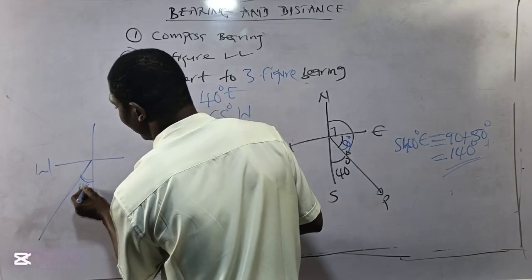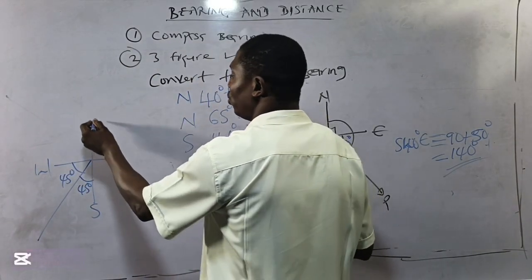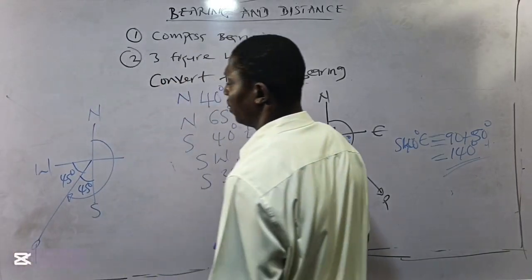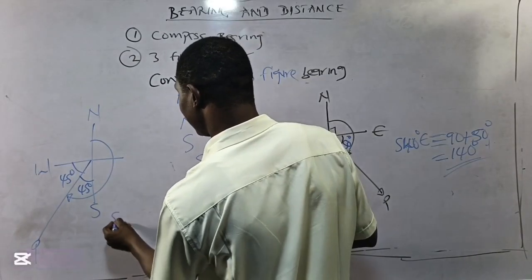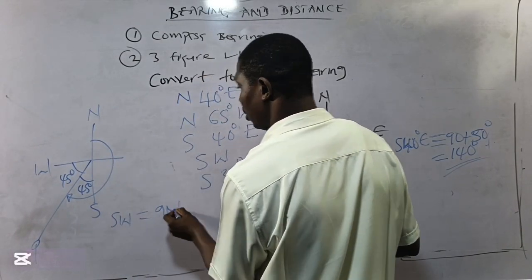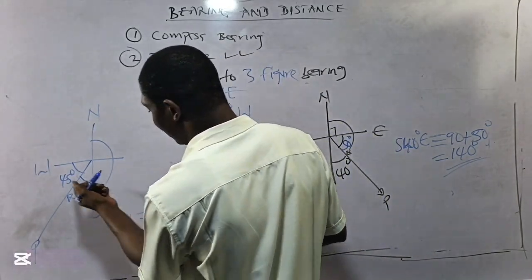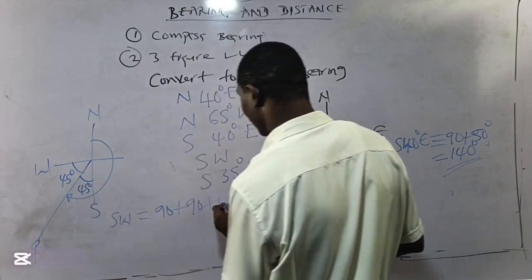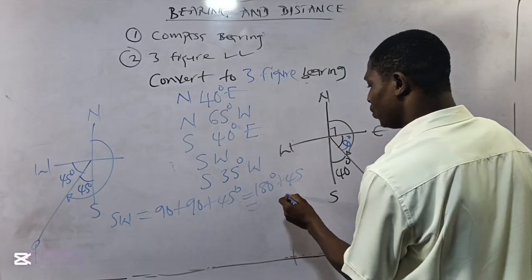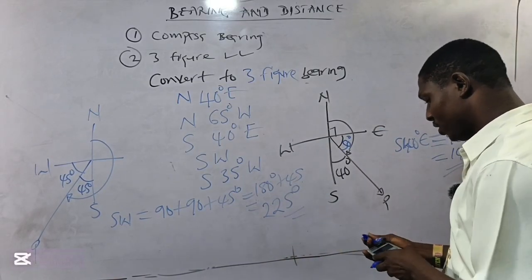So here is 45 degrees, and here is equally 45 degrees, summing up to give you 90 degrees. I'll start from the north till it touches this point. Now, the equivalent of southwest will be equal to 90 degrees northeast plus 90 degrees southeast plus the angle between the south till it touches the line, which is 45 degrees. So this is 180 degrees plus 45 degrees, which will give me 225 degrees.